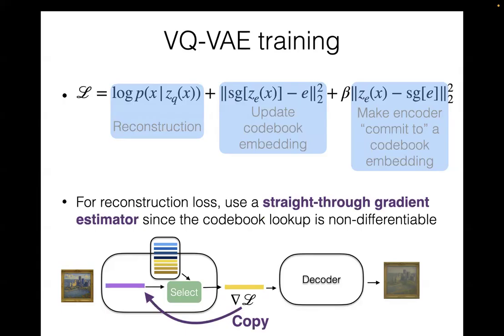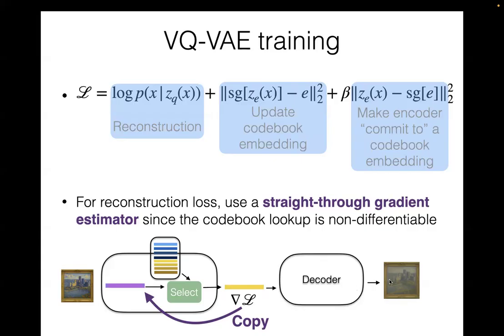So those are the three terms. And then the one other thing you have to deal with is that the selection operation is not differentiable. So in order to use backpropagation, what they use is what's called the straight-through gradient estimator. This is a naive estimate of the gradient.